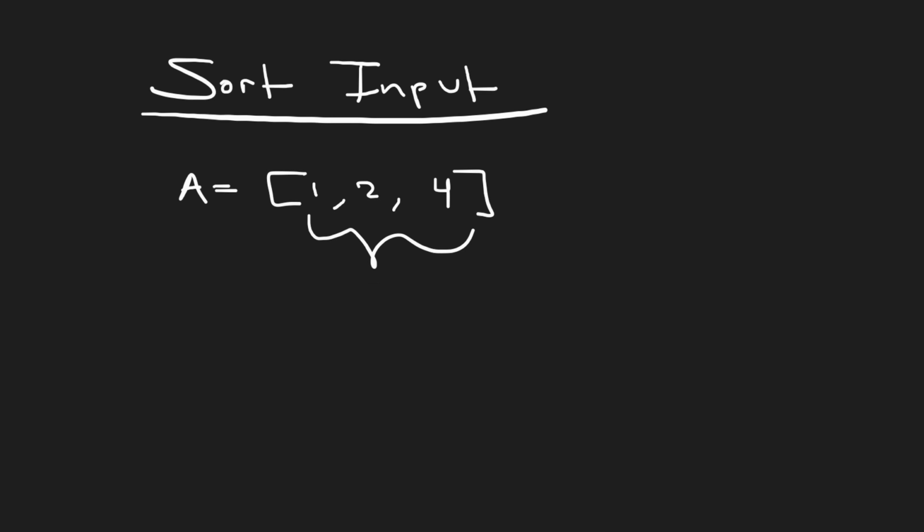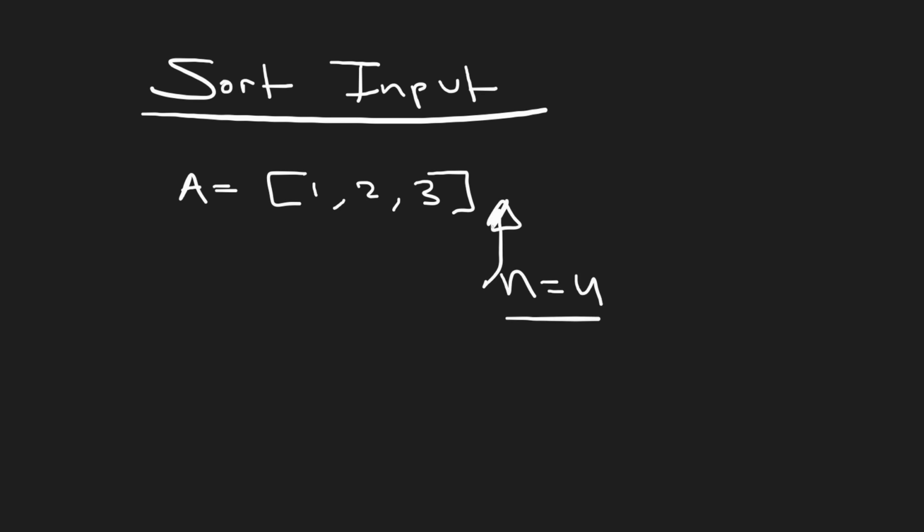What if the input array we got was 1, 2, 3? Remember, the size of our input array is limited to 3. So if we had 1, 2, 3, then the result would be 4, because the smallest positive integer we're missing is the 4 that would go here. If we didn't have all 3 of these, maybe we're missing that 3 like we had previously, then the result would be 3.